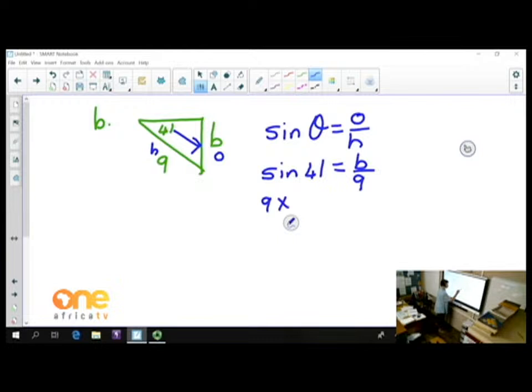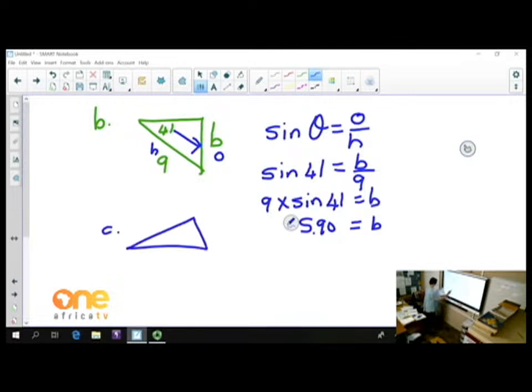So it will be 9 times sine 41 is equal to b. And we do that on our calculators. So 9 times sine 41 is equal to, and I got 5.90. So B is equal to 5.90. Number C. Triangle looks like this.